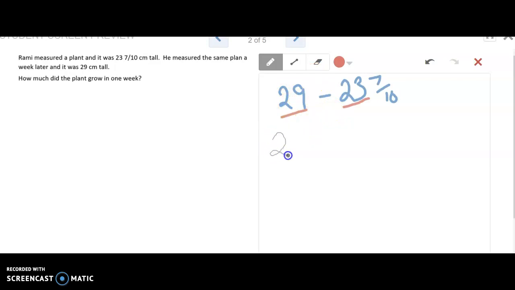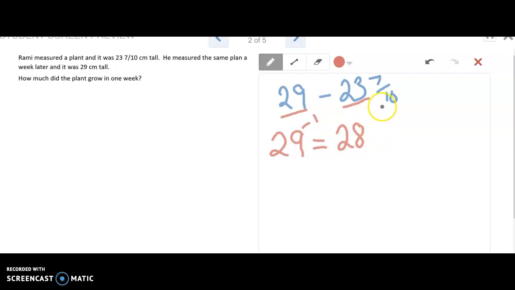So I'm going to adjust or regroup my 29 so that it is equivalent to 29, but it has a fraction part. So I'm going to make this 28, and then my fraction part is going to be that fancy form of 1, right? Because I took 1 away from 29, and I'm going to make it into that fancy form of 1.